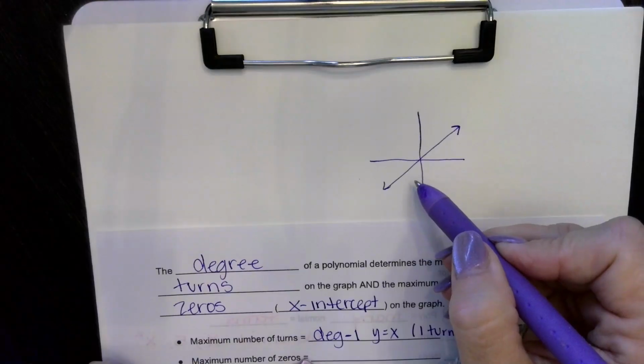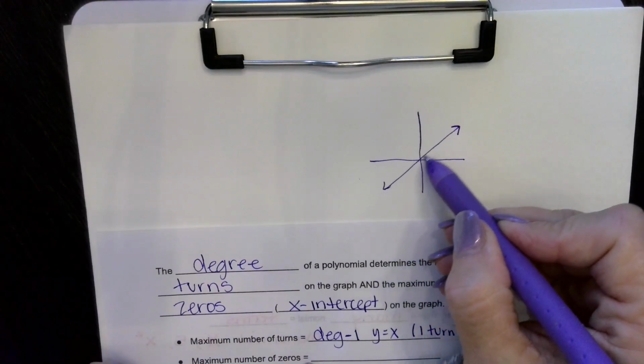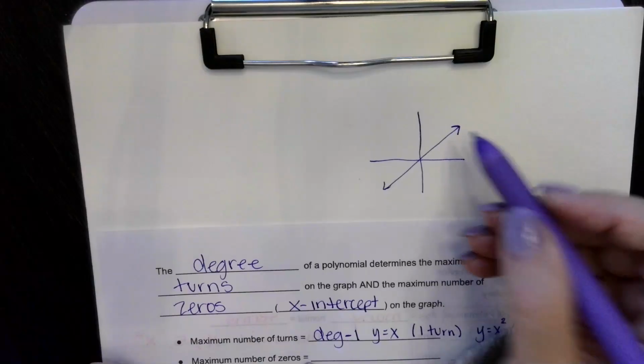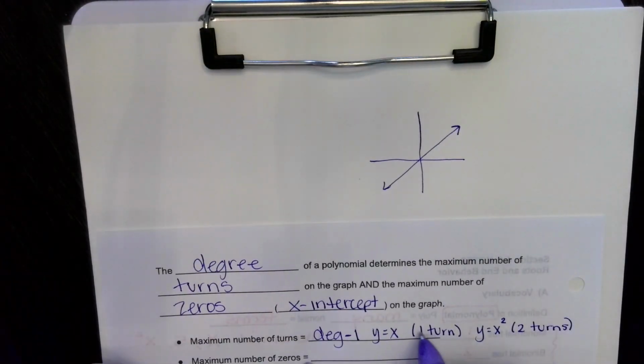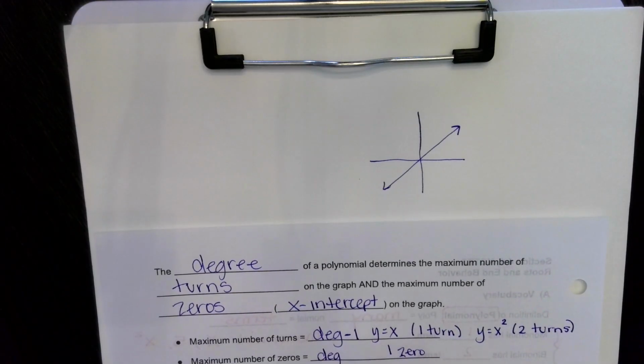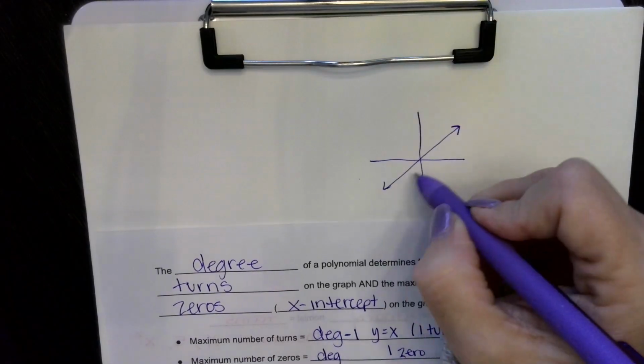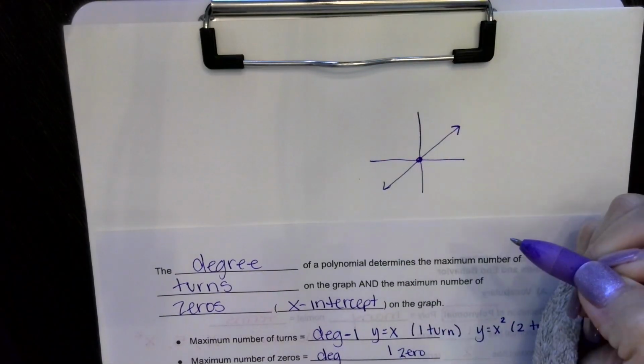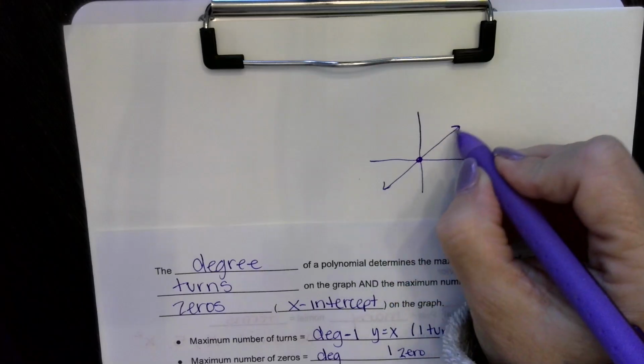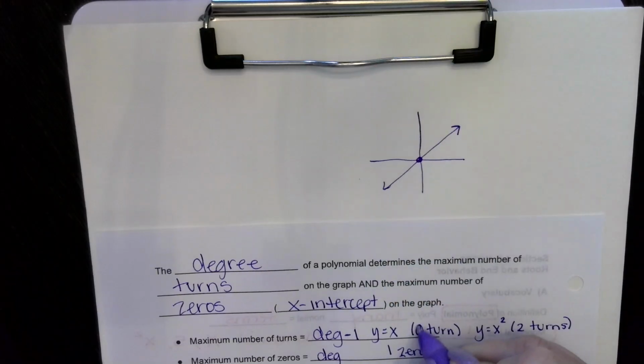Because I don't turn on this, it's only going from negative to positive. So we're going to change this down here. I don't have 1 turn, I have 1 zero, and that's what I have down here. I have 1 zero on my y equals x graph. So this is just the degree. I didn't look at my words over here. So I have 1 zero, it happens right here, and I don't have any turns. So this would be 0 turns.